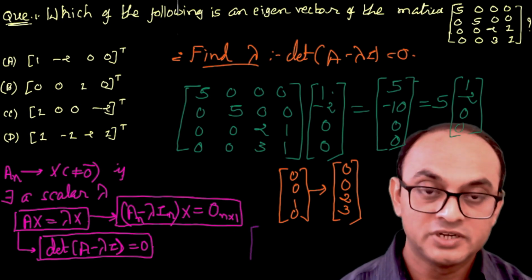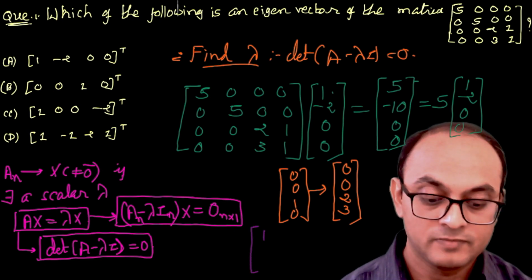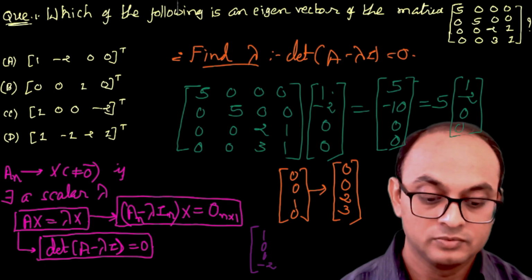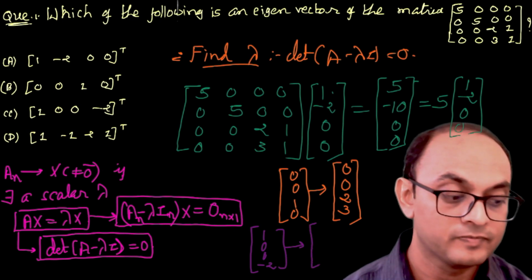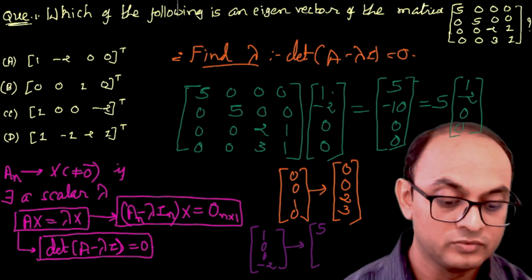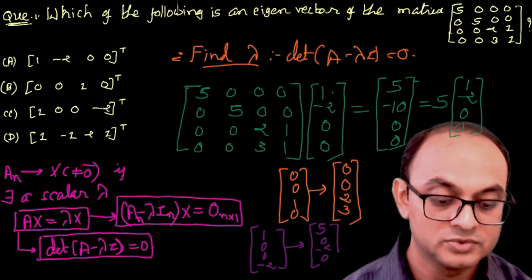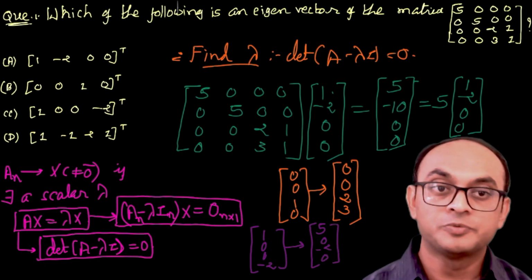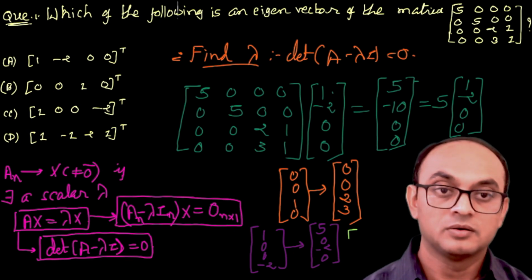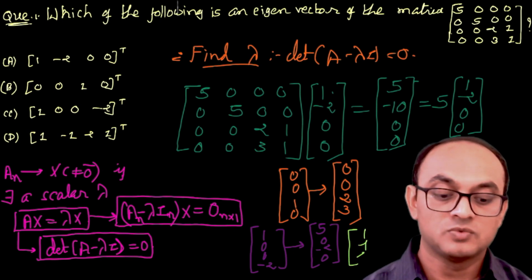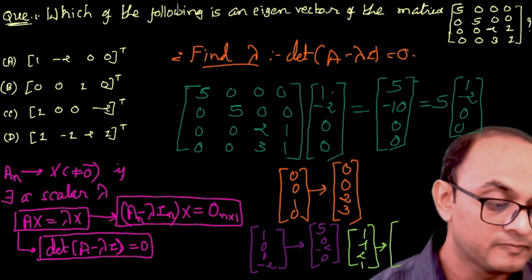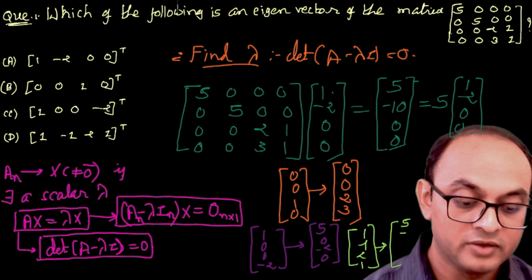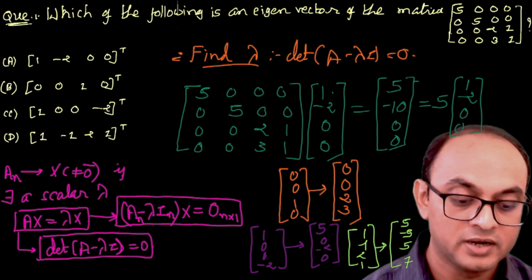If I choose option C, (1, 0, 0, -2), then my product A into x will be (5, 0, -2, 0). And if I choose option D, (1, -1, 2, 1), then the corresponding answer is (5, -5, 5, 7).